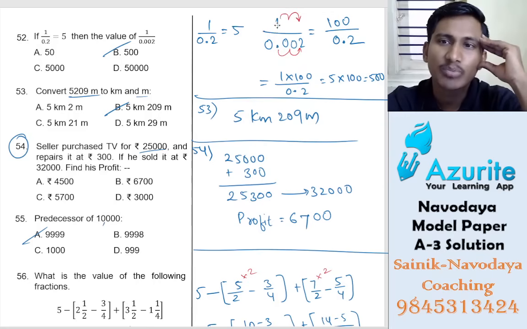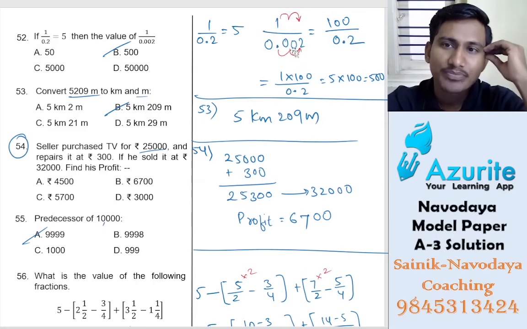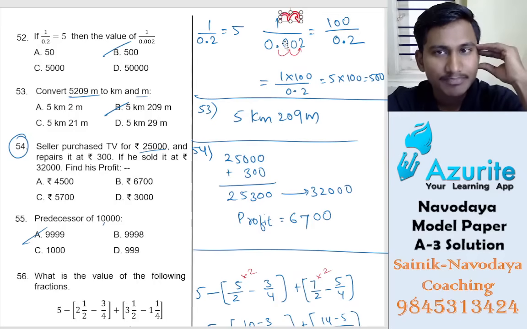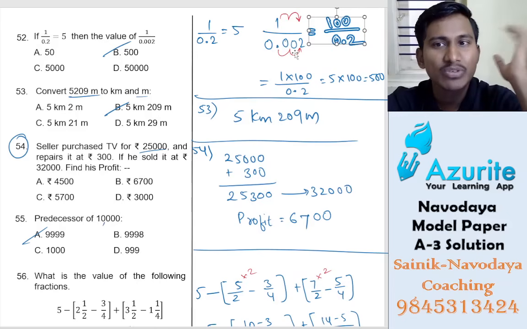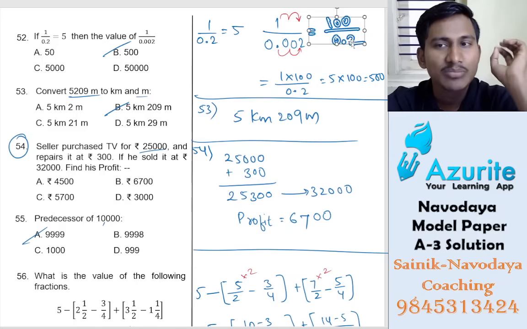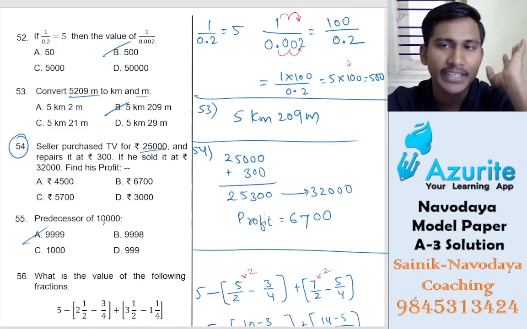If you want to make it 0.2, you have to shift 2 times, right? So at the top also we have to shift 2 times. So it will become 0.2 and on the top it will become 2 zeros, 100.